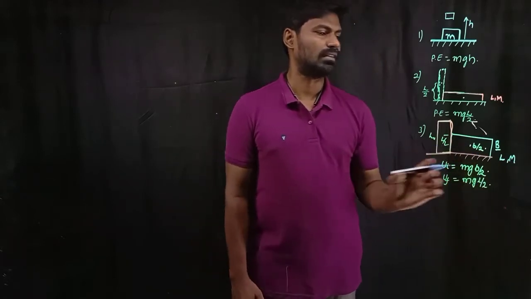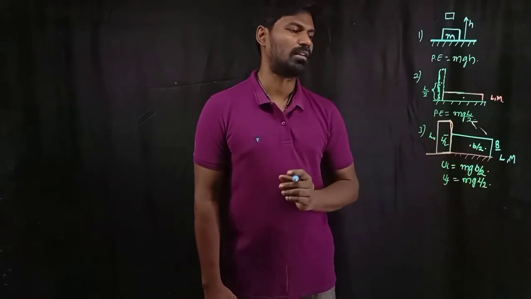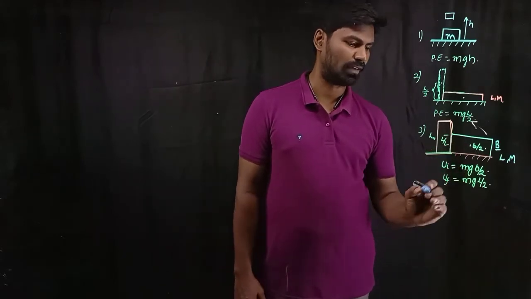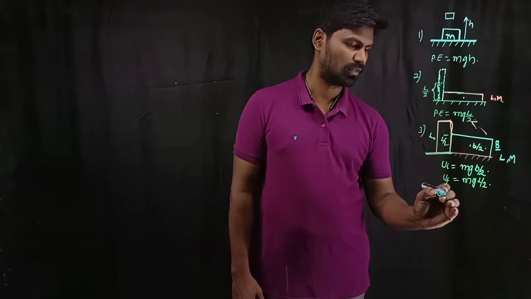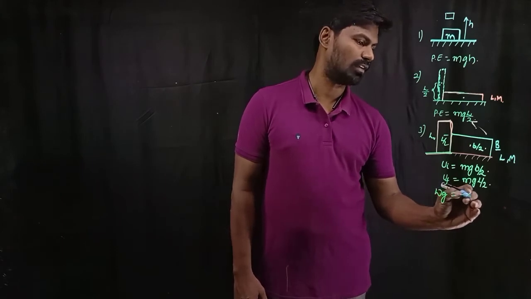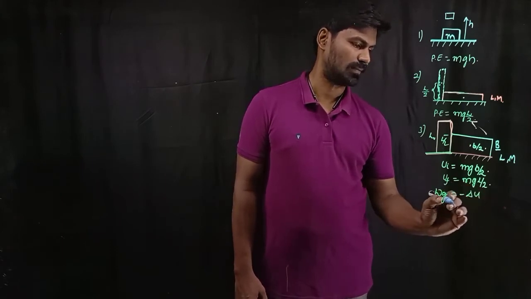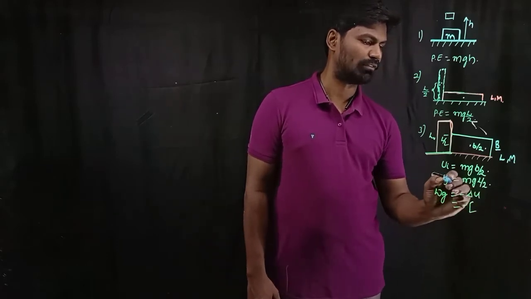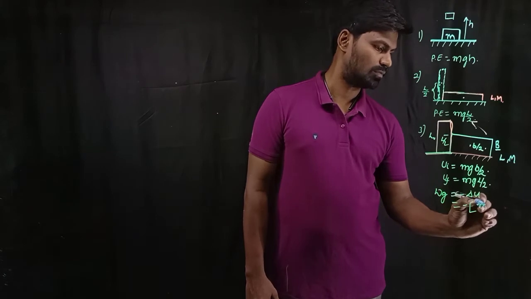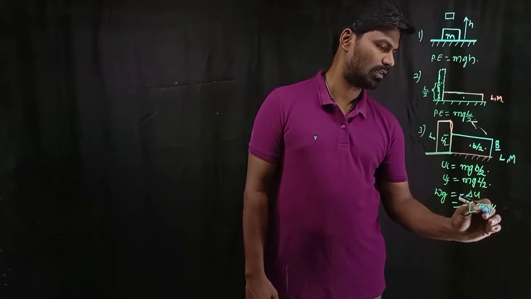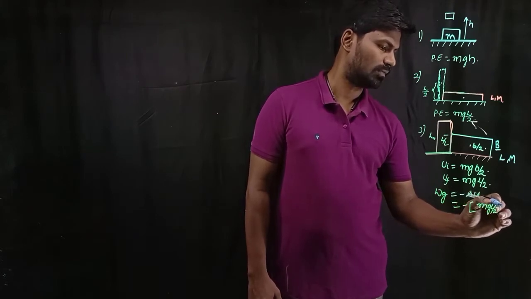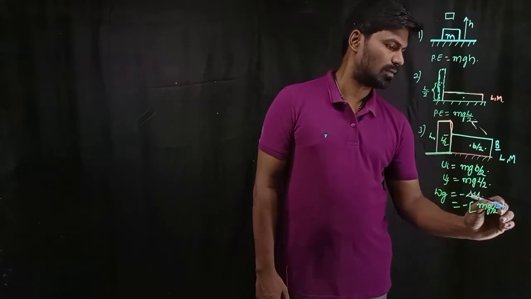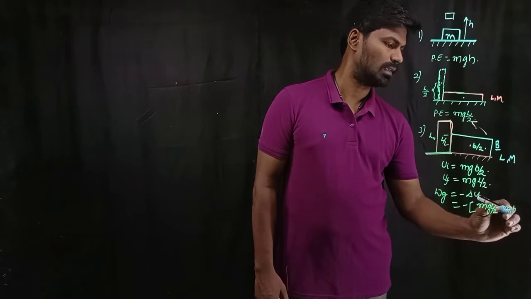As I calculated the initial potential energy and final potential energy, if you want to calculate the work done by gravity, which is a conservative force, work done by gravity is equal to the negative of the change in potential energy. That is equal to minus of delta U, that is UF, which is mg into L by 2, minus UI, which is mg into B by 2.